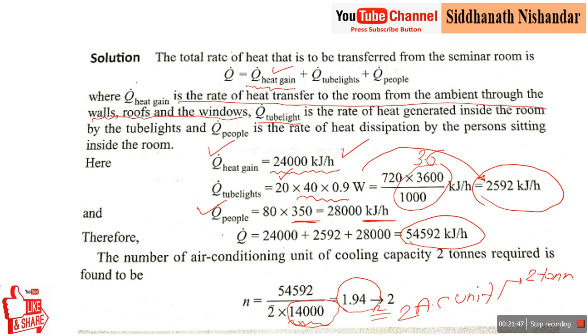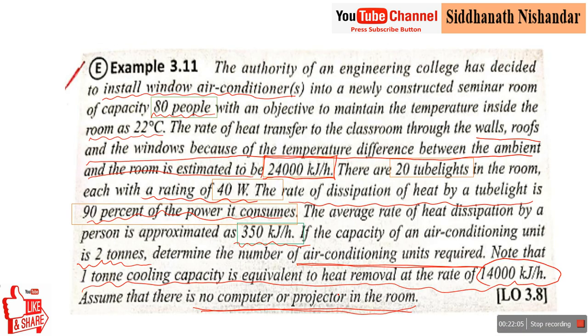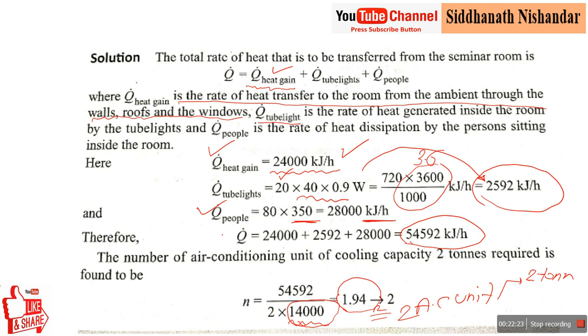Each unit in this numerical is 2 ton. Suppose there is a 1 ton air conditioning unit, then I would install 4 units. These same simple numericals apply to window air conditioning. So go through this numerical again, and you can get the 3 parameters here. These are the 3 applications I am going to discuss. Hope you understood. Thank you.